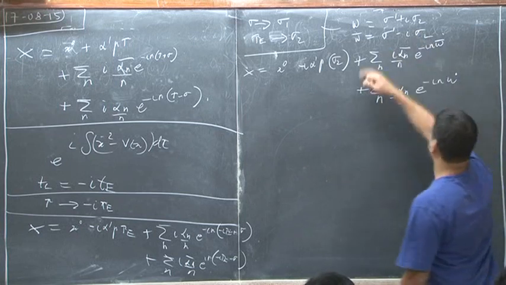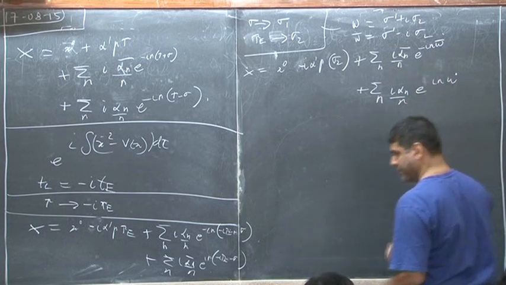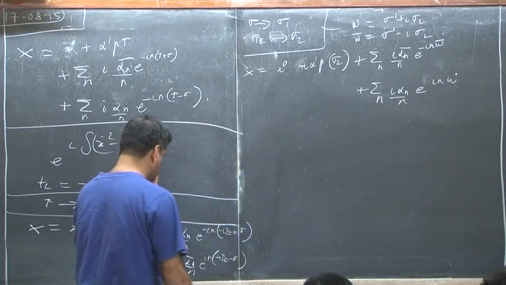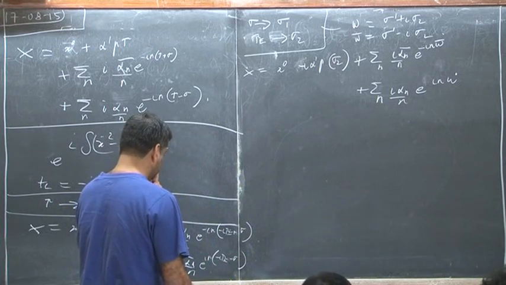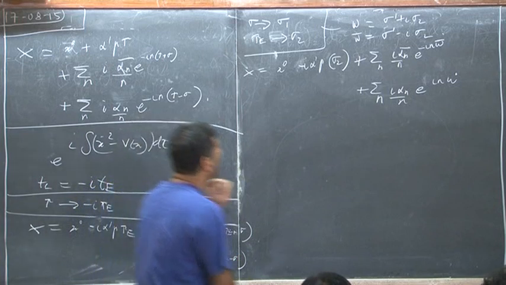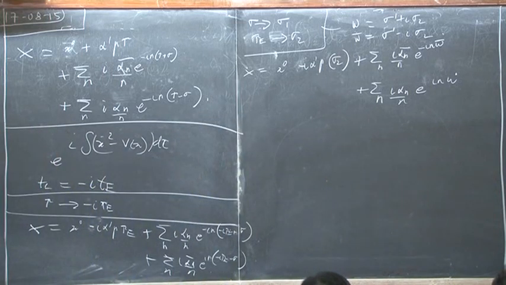Oh yeah, you're right, plus I. There was minus I there, which continues to be minus I downstairs as well, and so you take out the minus, it will become plus I n.